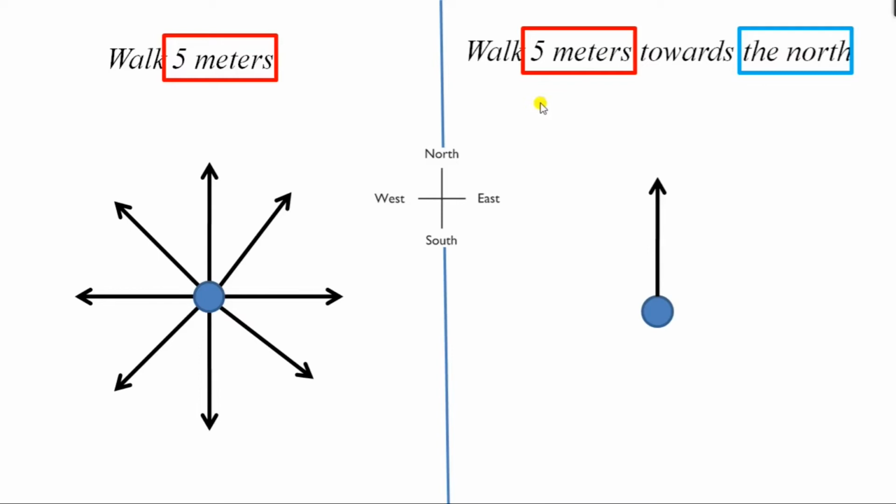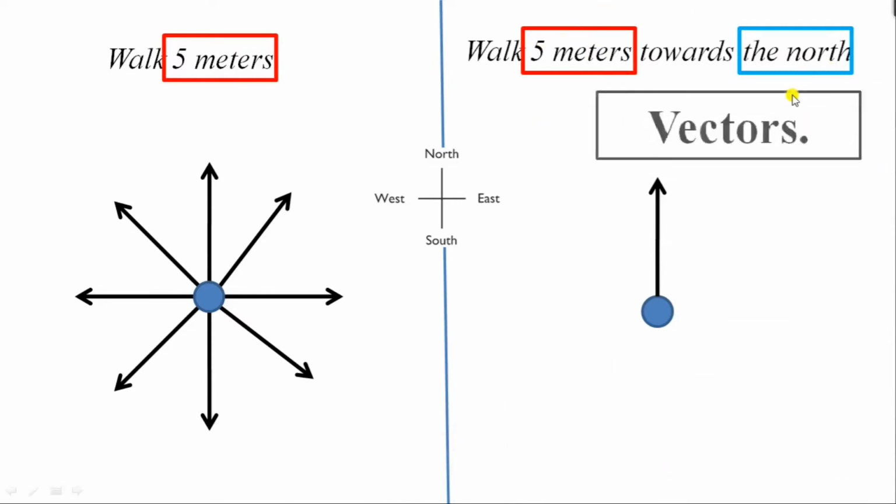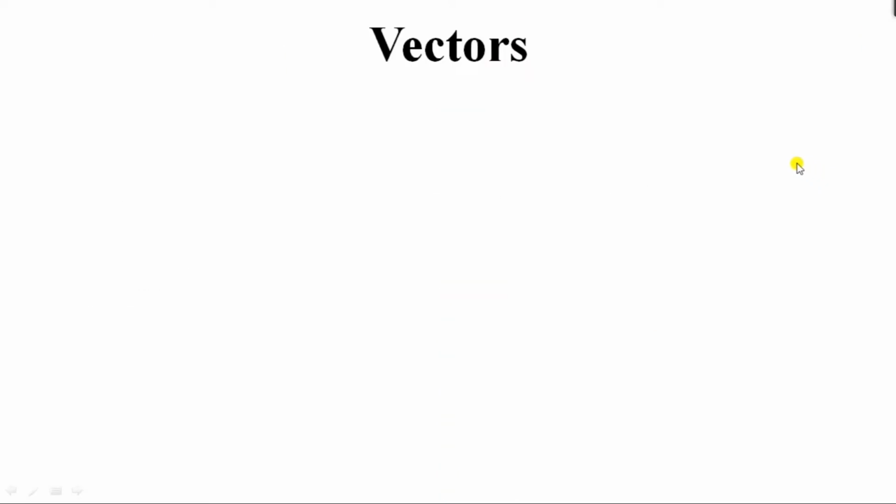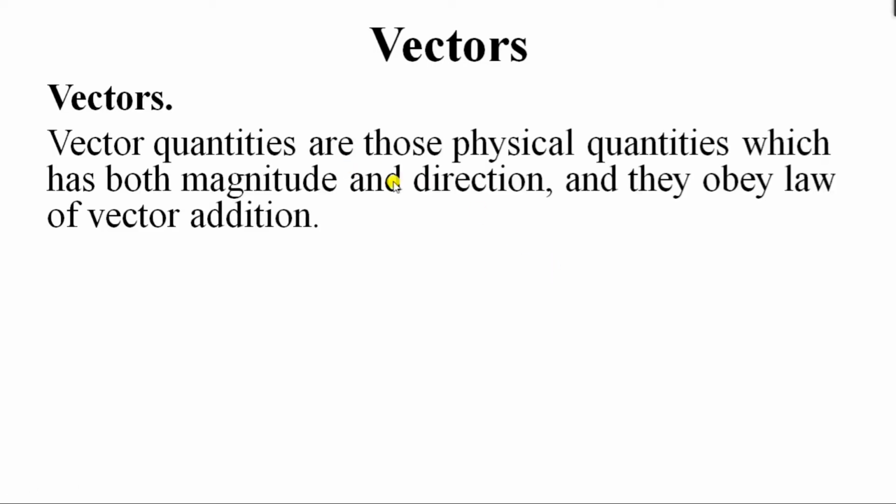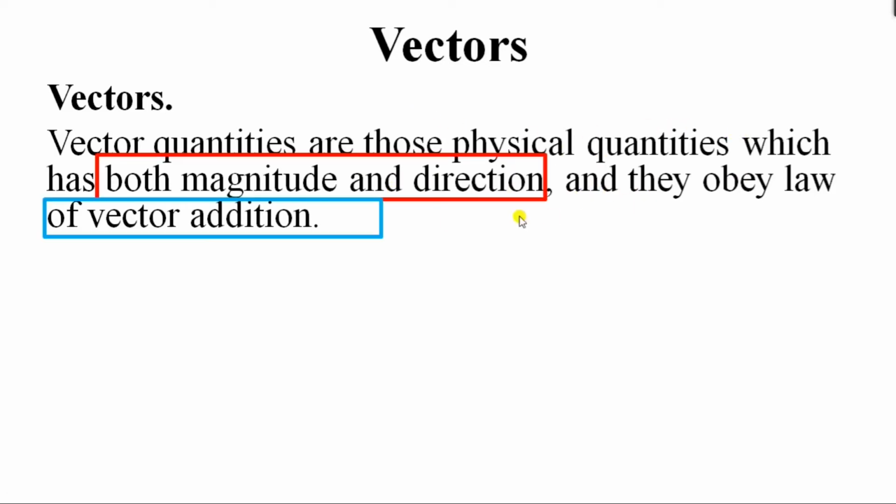So any quantity which has both magnitude and direction, we call a vector. But in higher classes we have to add one more condition for vectors. A vector is any physical quantity which has both magnitude and direction, and they have to follow the law of vector addition.